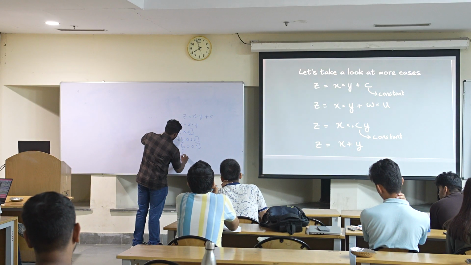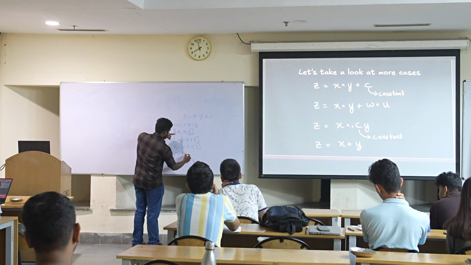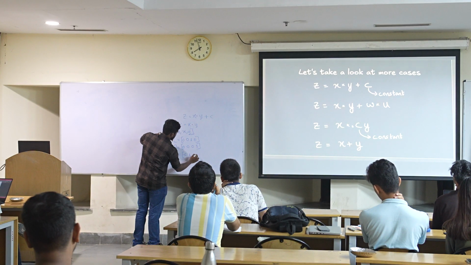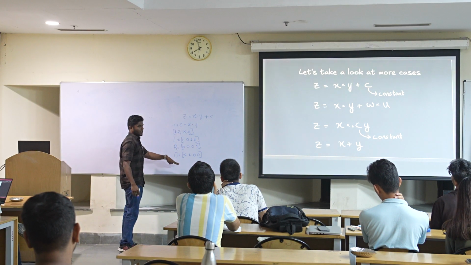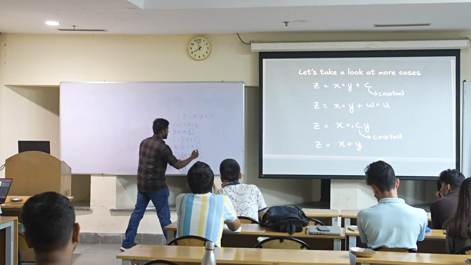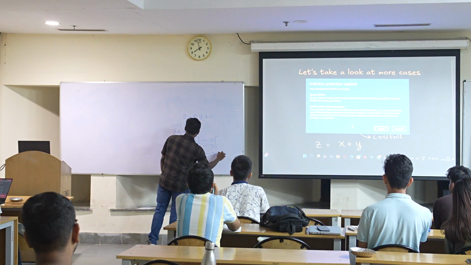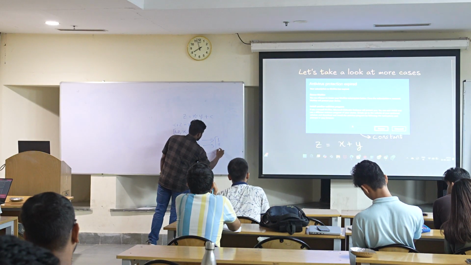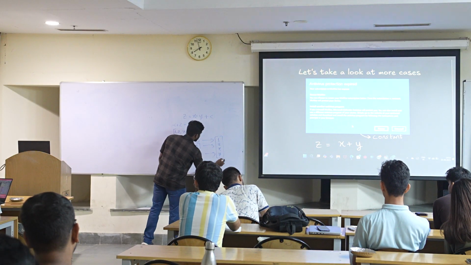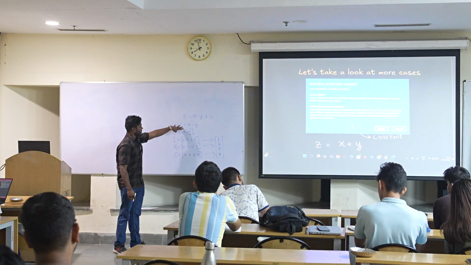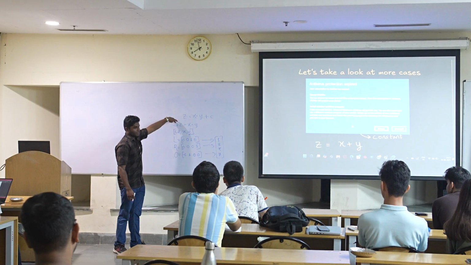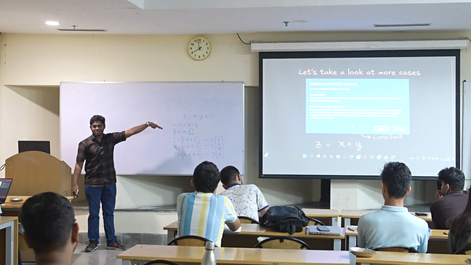Minus c would be the first element and 1 would be the second element, third and fourth are zeros. Are we clear with this one? Because we'll multiply these three with the witness vector z, x, y. You can try multiplying them. Okay, you'll get this equation, right? Are you clear?